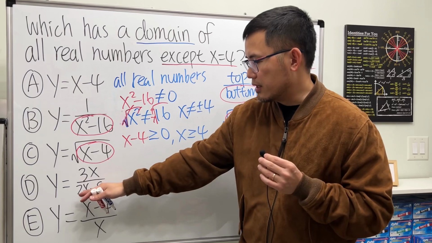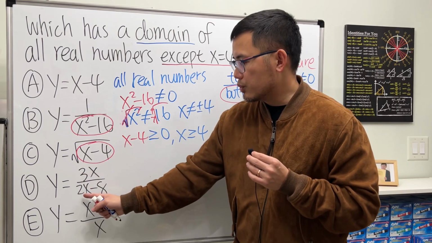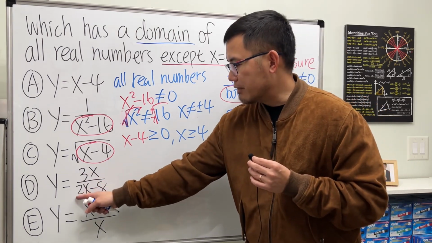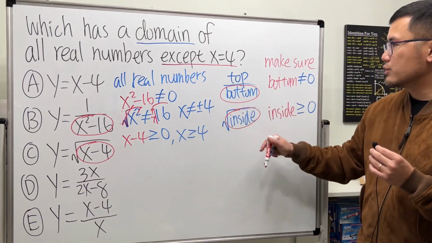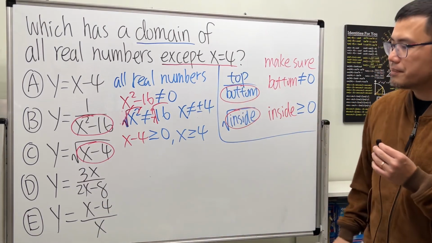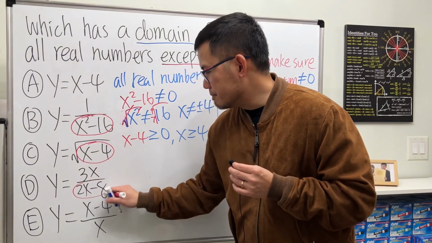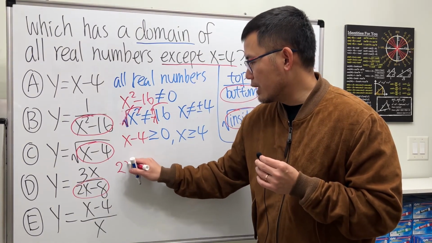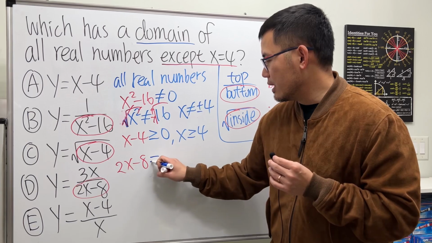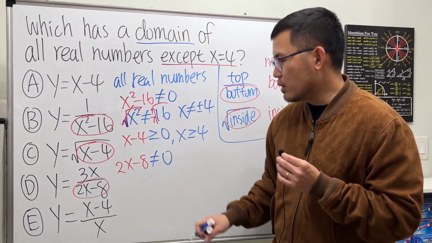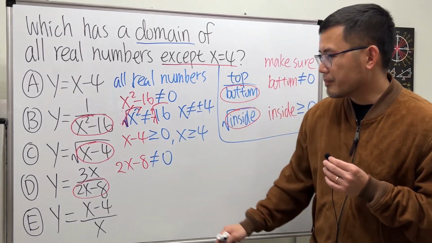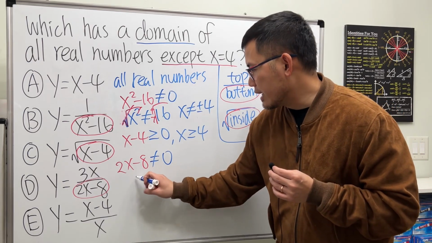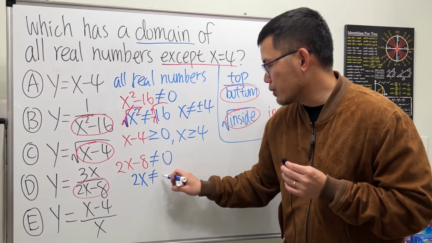Now, if you take a look at the next one, we have 3x over 2x minus 8. We have the 2x minus 8 on the bottom, so we apply this right here. Look at the bottom. Make sure we have 2x minus 8 not equal to 0. And then we solve it. Put the 8 to the other side. We get 2x not equal to 8.